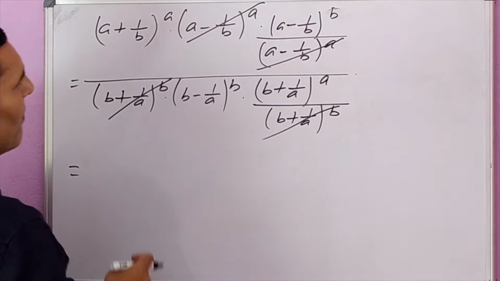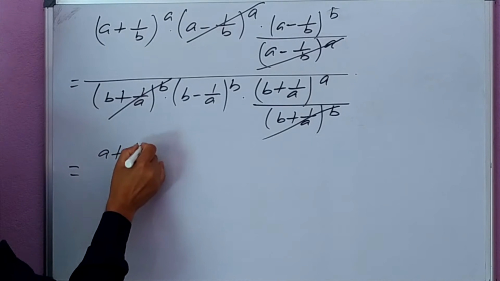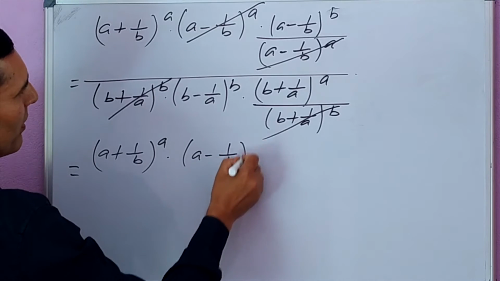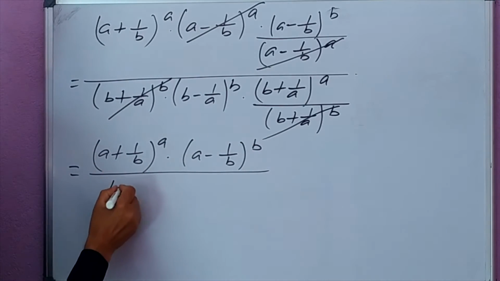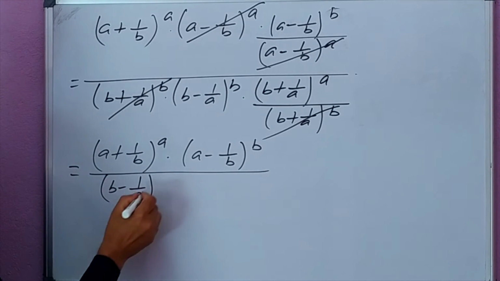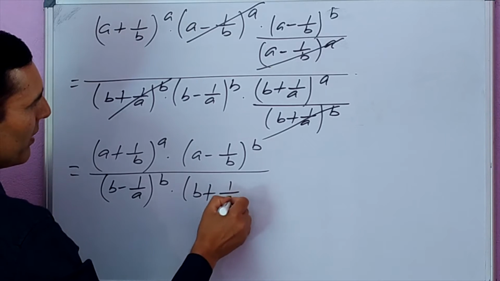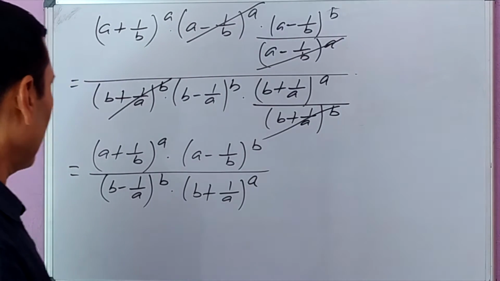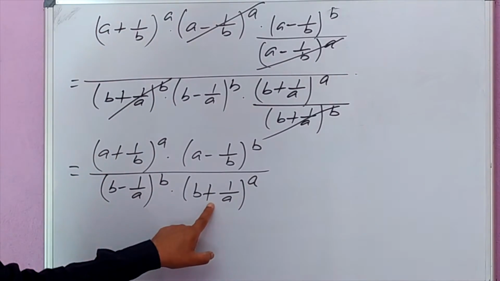So our question changes into a very simple form. What remains now in the numerator is (a plus 1 upon b) to the power a and (a minus 1 upon b) to the power b, and in the denominator (b minus 1 upon a) to the power b and (b plus 1 upon a) to the power a. After this, again look at this a plus 1 upon b and this b plus 1 upon a.